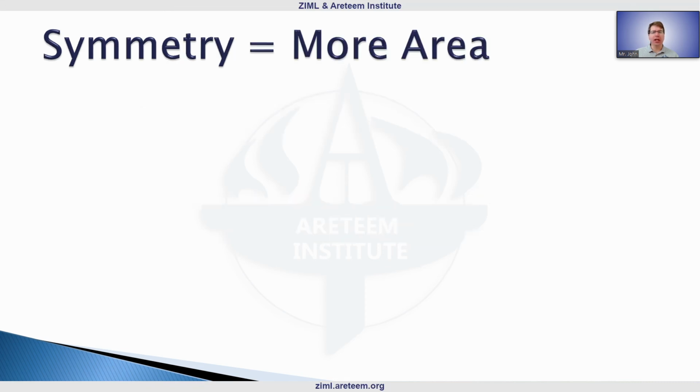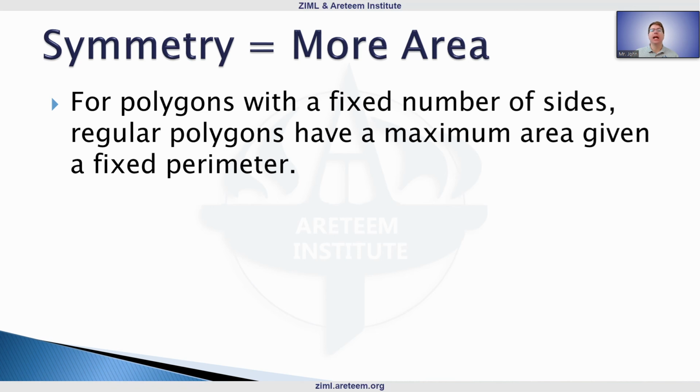Now, in general, this type of thing does work. So if we have four sides, we said it's a square, and with three sides, an equilateral triangle. In general, regular polygons are going to have the maximum area. So if you're looking at a hexagon, among all hexagons with a fixed perimeter, the regular hexagon is getting that. Now you may be wondering, what about just in general?